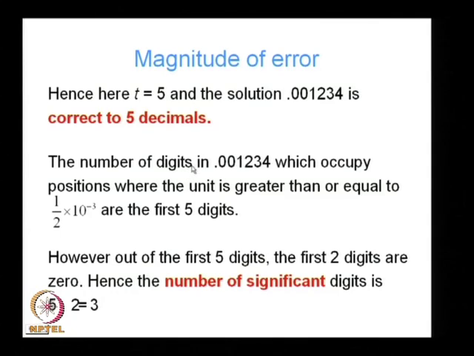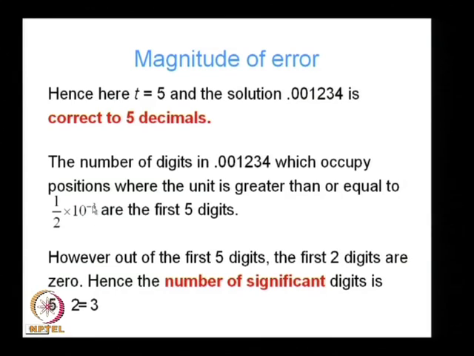The number of digits in 0.001234 which occupy positions where the unit is greater than or equal to half into 10 to the power minus 3 are the first 5 digits. This should actually be half into 10 to the power minus 5.